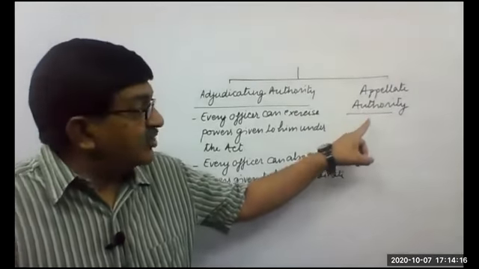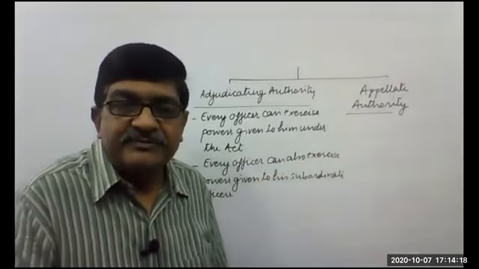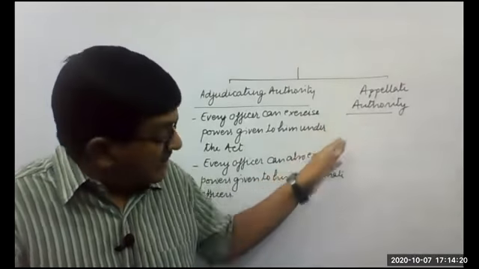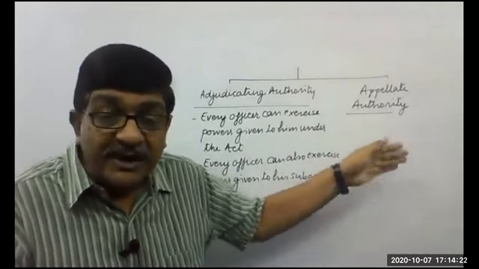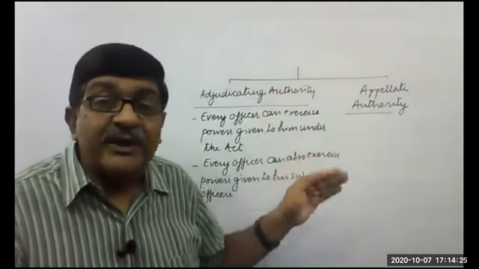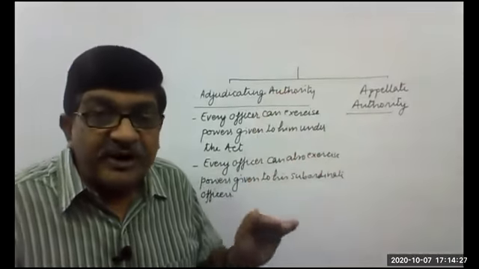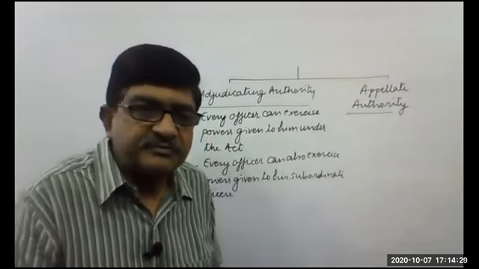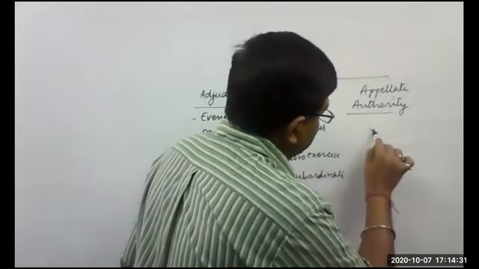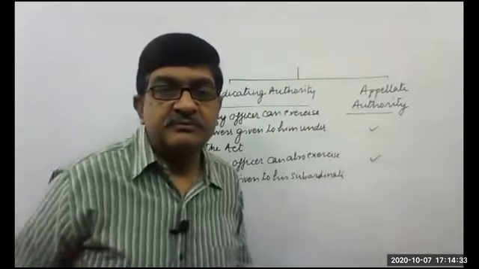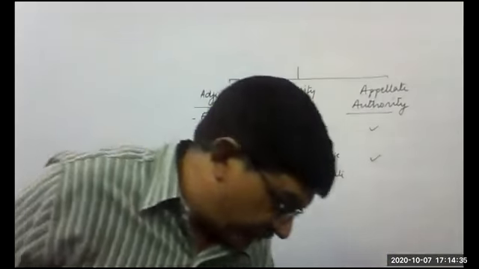But the Commissioner Appeal is appellate authority. So here the same provisions are applicable, but Commissioner Appeal cannot exercise the power of adjudicating authority. So here also you can say this is the same. So what is the difference?